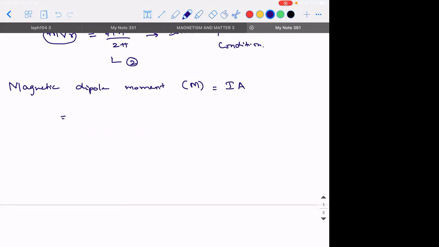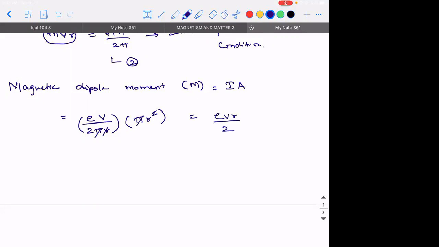But I is how much? ev divided by 2 pi r, into what is going to be the area in which the electron is revolving? It is pi r square. So r and r will get cancelled, pi and pi will get cancelled. It is evr divided by 2.